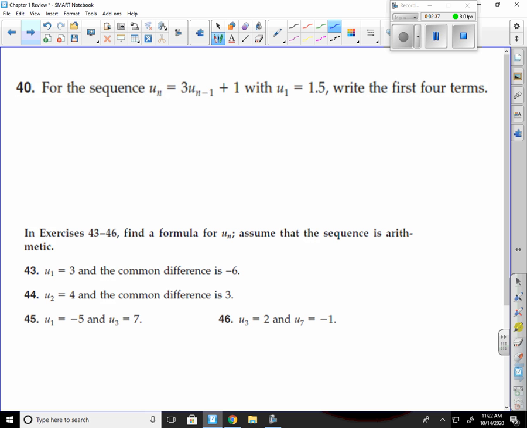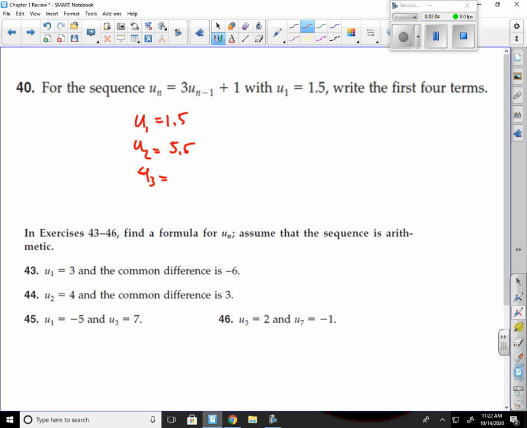For the sequence, u sub n equals 3 u sub n minus 1 plus 1 with u sub 1 equal to 1.5, write the first four terms. So the first term is u sub 1 equals 1.5. The second term will be 3 times 1.5, which gives me 4.5 plus 1, that's 5.5.